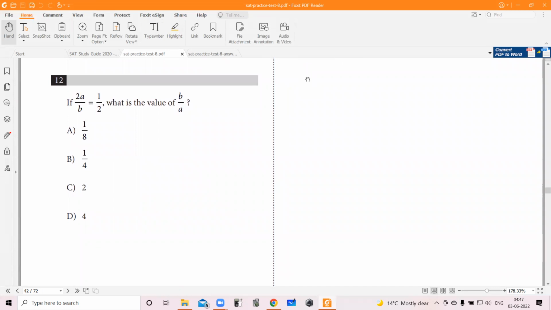If 2a over b is equal to 1/2, what is the value of b over a? We can give a and b values, but you have to calculate b over a. Say b is equal to 2, right?